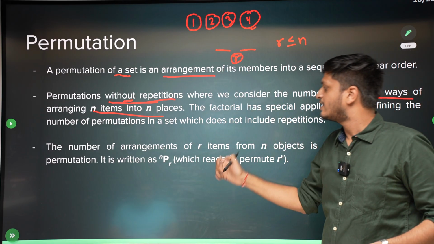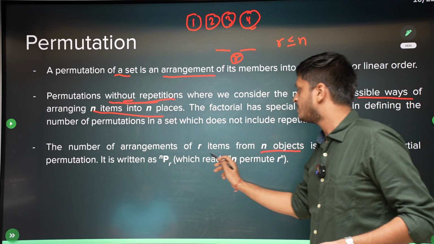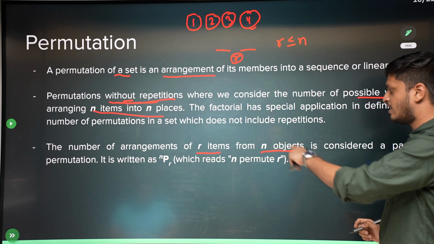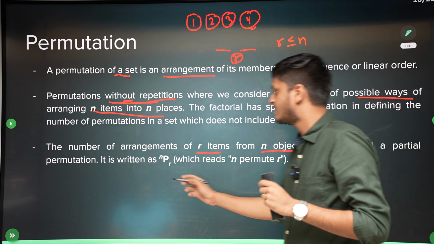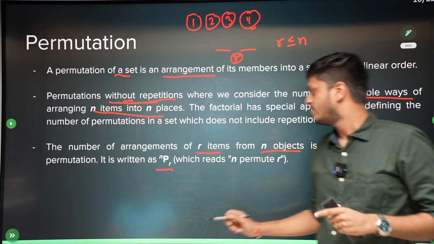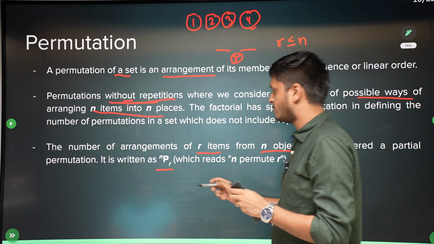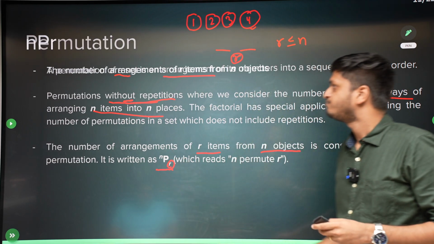The number of arrangements of r items out of n objects is considered to be a partial permutation, and it's written as nPr. We read it as n permute r, so basically arranging r objects out of n objects.